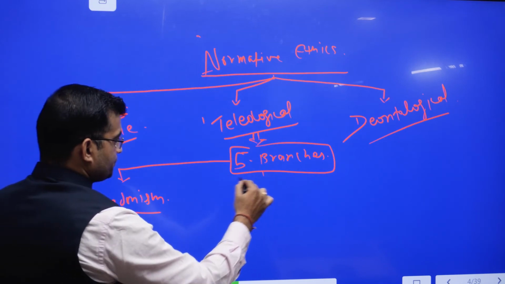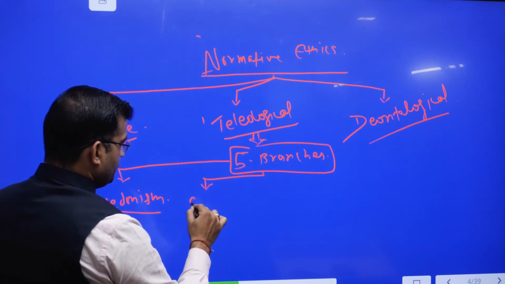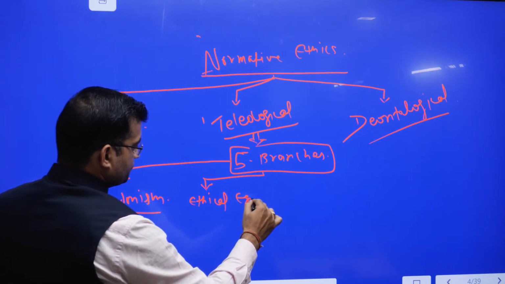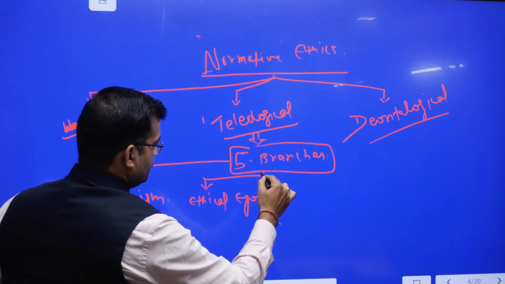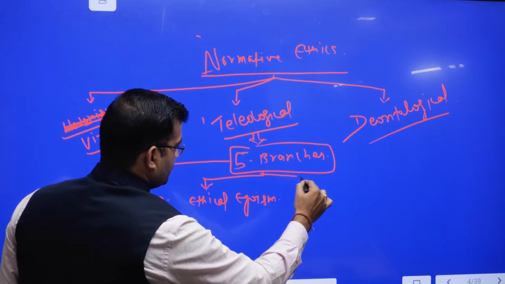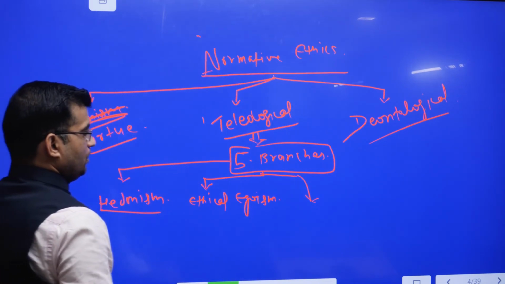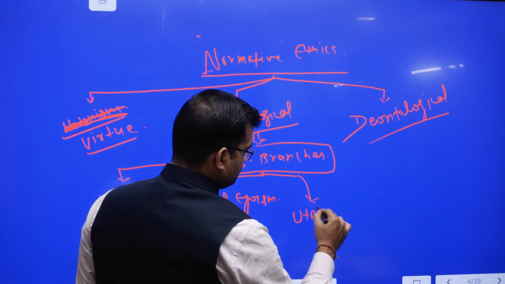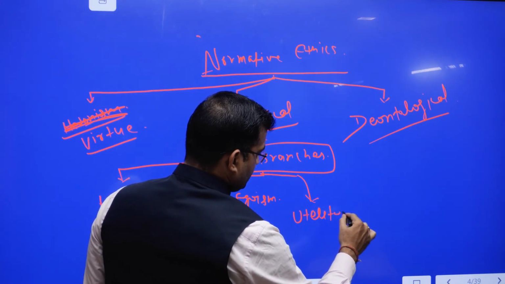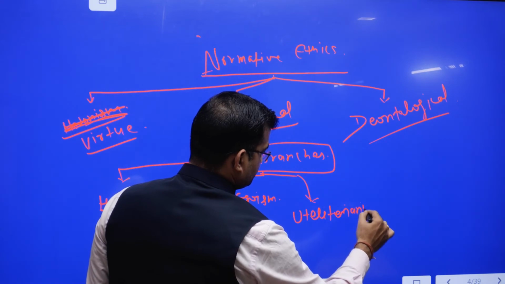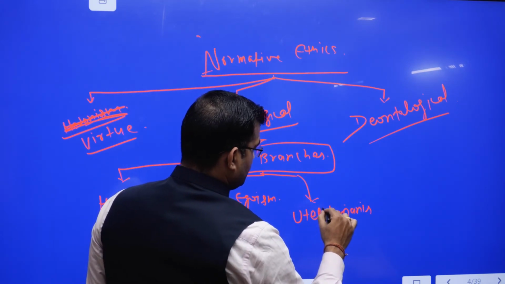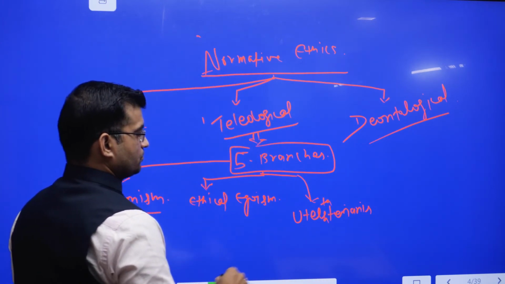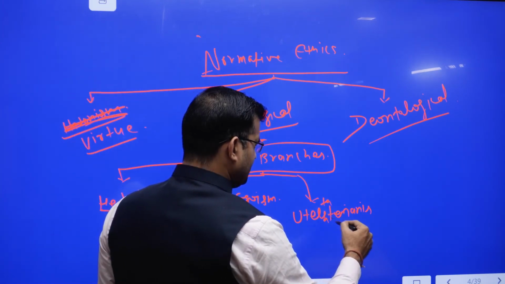Second one, ethical egoism. Third one, utilitarianism.